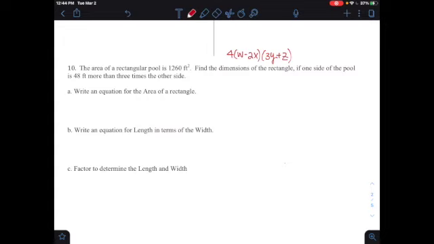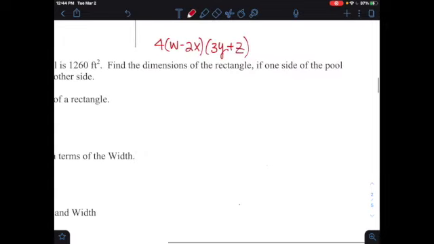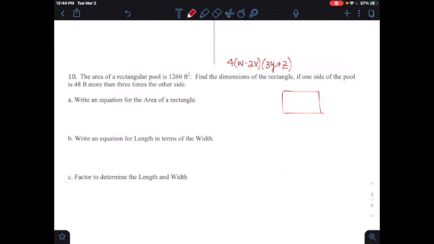So before I do the problem, I will definitely draw myself a picture. Here's my rectangular pool. Now it also says one side of the pool is 48 feet more than 3 times the other side.